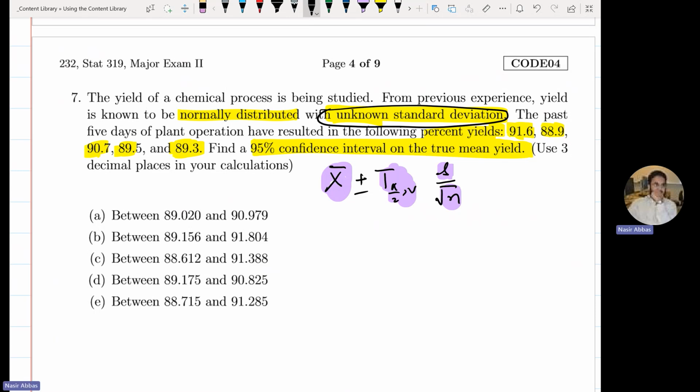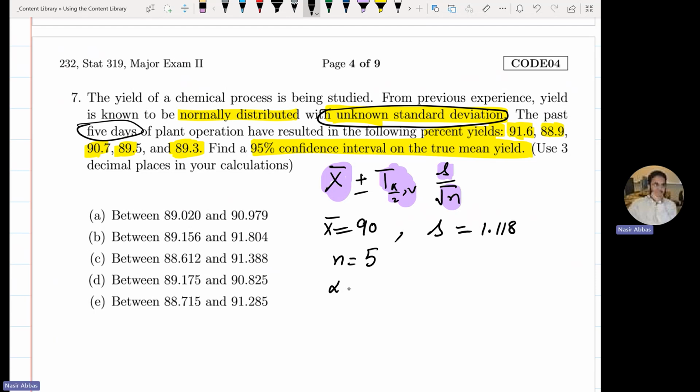From the question, they gave you the sample, and the sample mean you compute using your knowledge of chapter 6, that will be 90. The sample standard deviation, again, the sample was given to you. You will use your knowledge of chapter 6 to find the standard deviation, and that will be 1.118. Sample size, what is the sample size? 5.